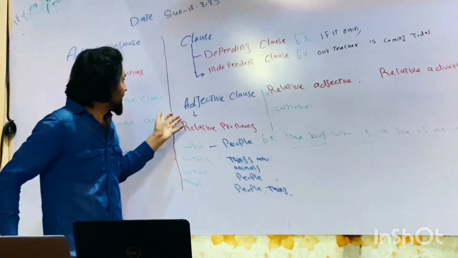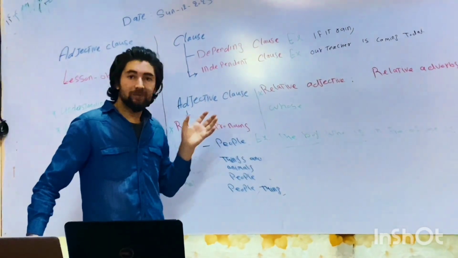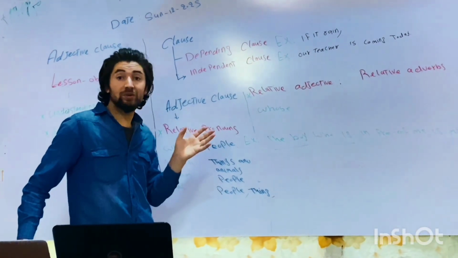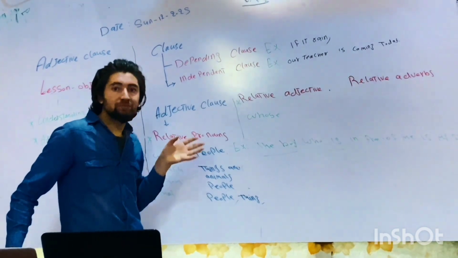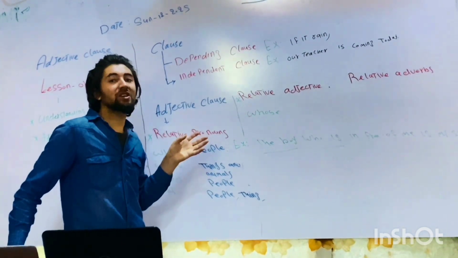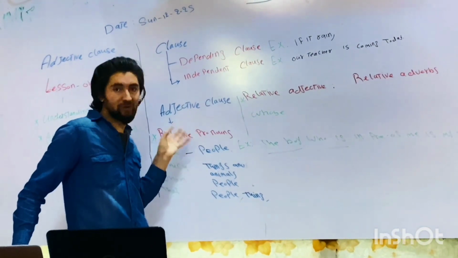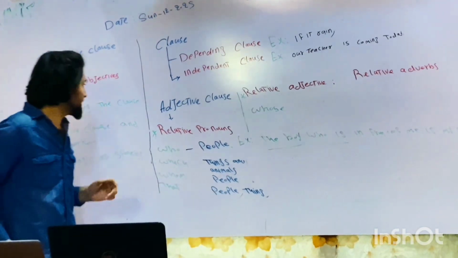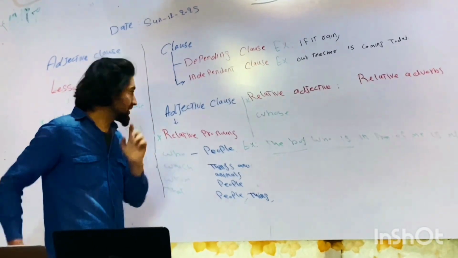So it can't stand alone. We should establish an independent clause with it to introduce the full meaning. It's very important to understand that the adjective clause is a type of dependent clause, not independent.